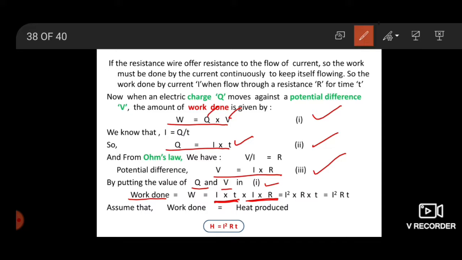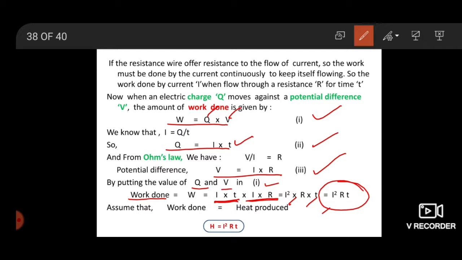After multiplication, it will come I square R t. It means the work done is equal to the square of the current, resistance and time taken, for which the current flows.